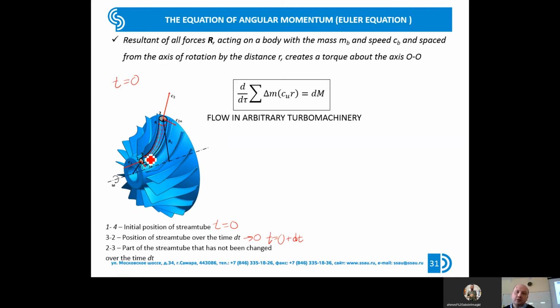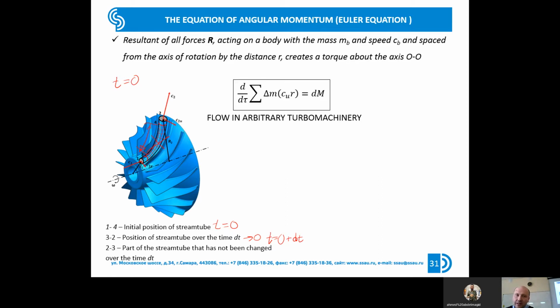If we look at our tube, the part between 3 and 4 has not moved. It means that the angular momentum doesn't change during the time which we investigate. That's why we can exclude the flow tube between 3 and 4 from our investigation. We don't need to investigate this part because nothing changed in it during the time we investigate.